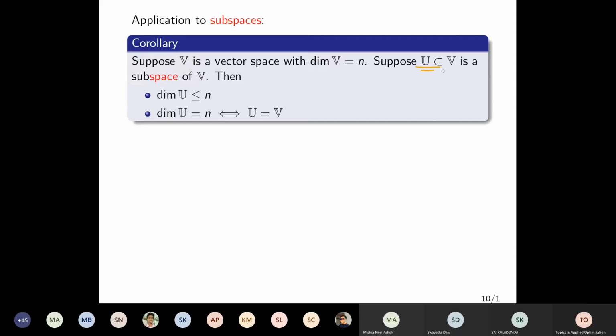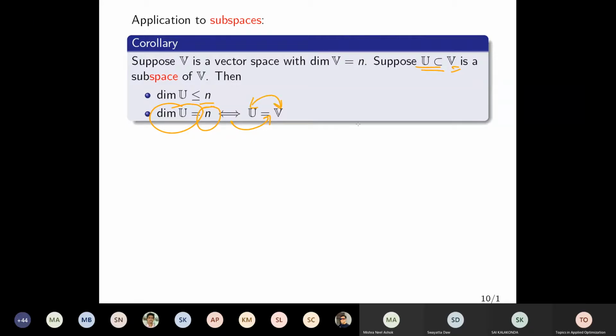Obviously, the dimension of a subspace will be less than or equal to n, the dimension of the original space. That comes naturally. And if the dimension of your subspace becomes equal to n, then the spaces must be equal.